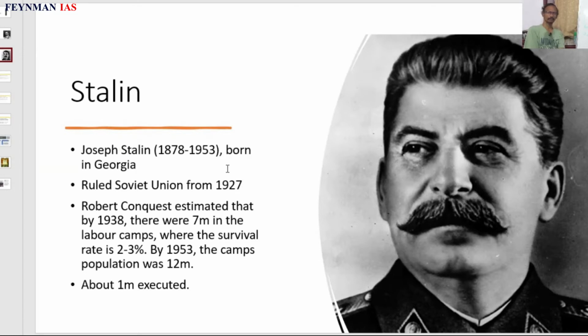So many perished in labor camps because of the conditions there. But 1 million were properly executed, all in all, without having to be sent to the labor camps. And this has nothing to do with anti-Semitism.